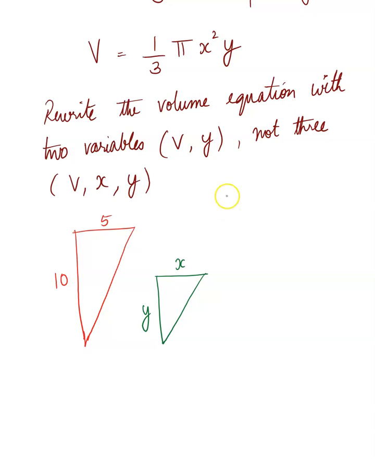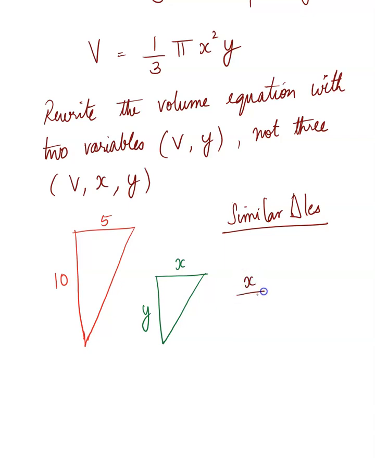So we know that from similar triangles, we can set up a proportion of their sides. We can set up a proportion with the radii and the heights.